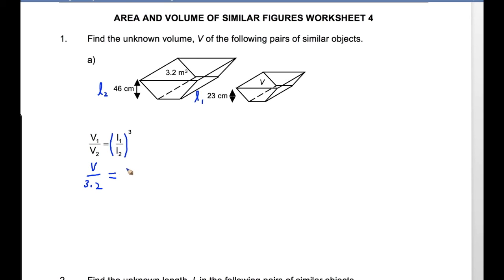And this equals the ratio of their corresponding lengths, which is 23 over 46 cubed. We reduce it first before we cube it. We have 1 over 8, and therefore V equals 0.4 meters cubed.